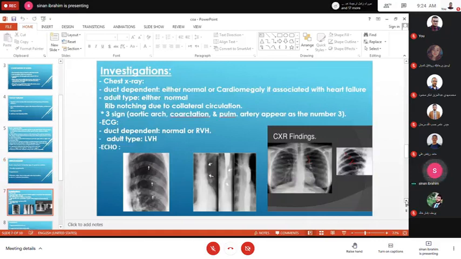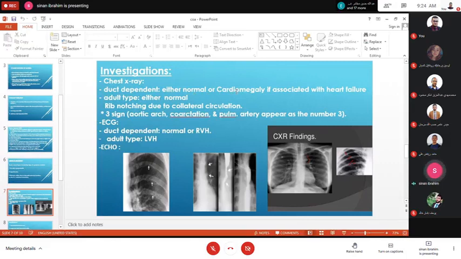What about the investigations that should be done for a patient with coarctation of the aorta? The simplest investigation that is available is the chest X-ray, and you can get much information from it. It is usually ductal dependent, maybe normal, or maybe cardiomegaly if associated with heart failure.